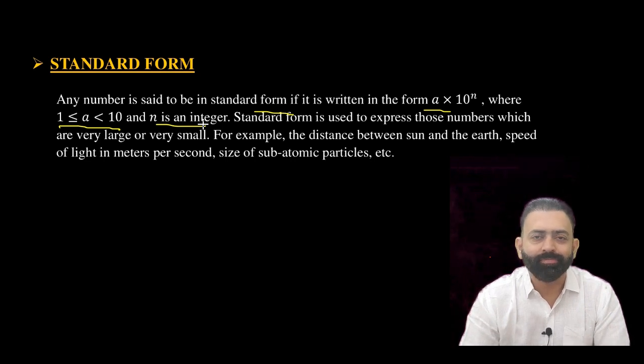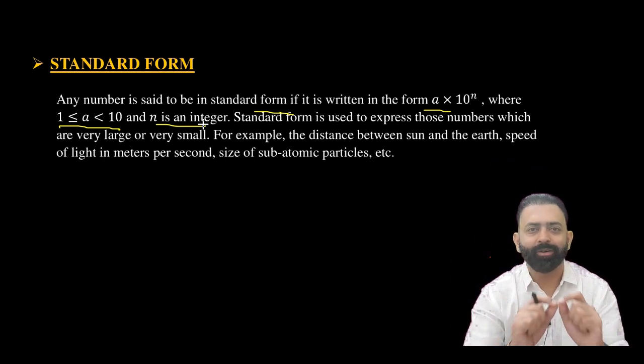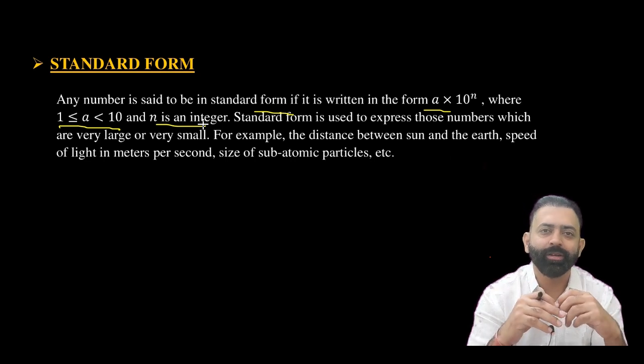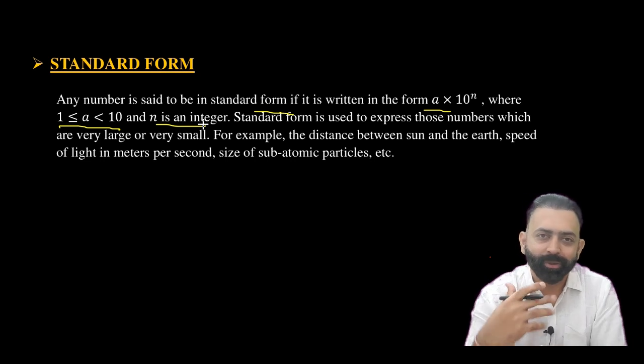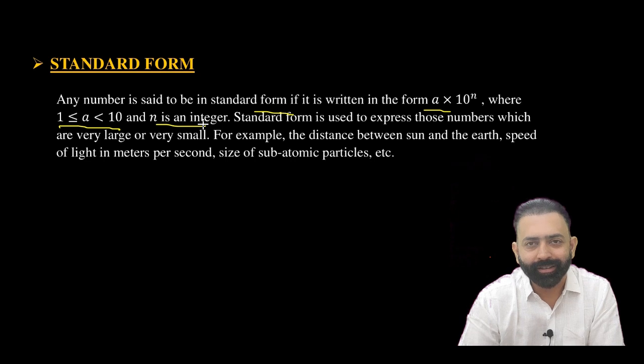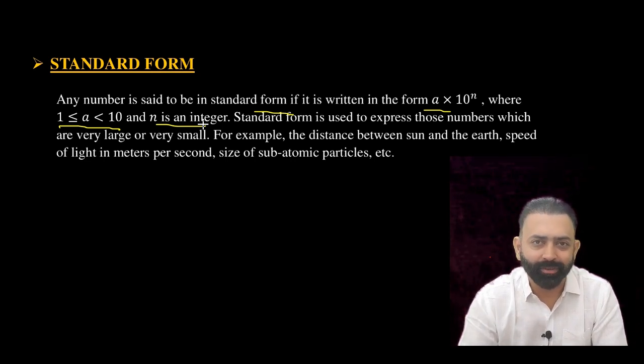So in order to save some space, and to keep ourselves from writing that big number, we need a way to write it in a compact form. That shorthand is the standard form.